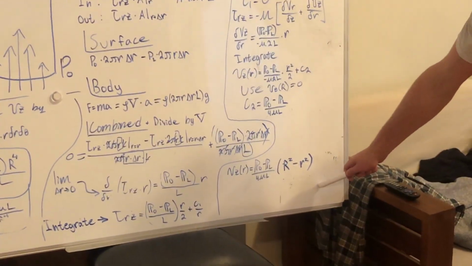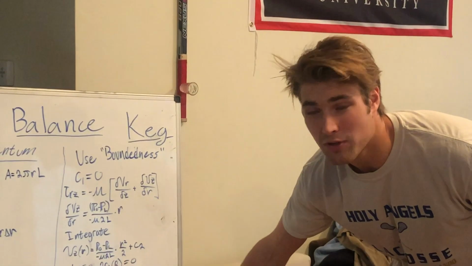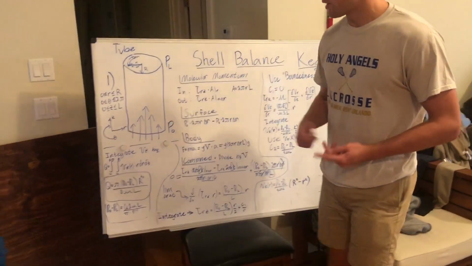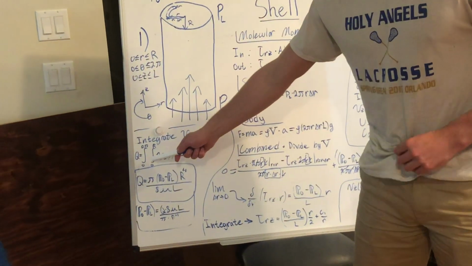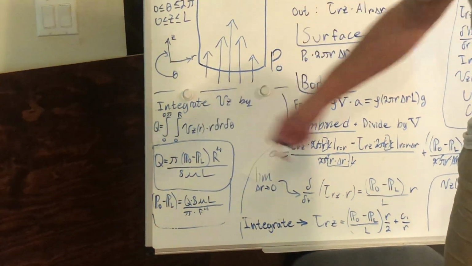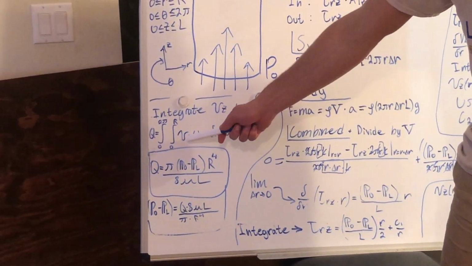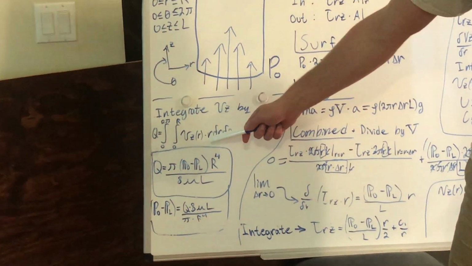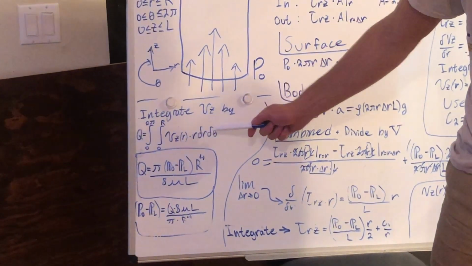But how do we find the volumetric flow? Well, we integrate our velocity by our area, essentially. So from 0 to 2 pi and 0 to R, we take our velocity equation and integrate it times r dr d theta.